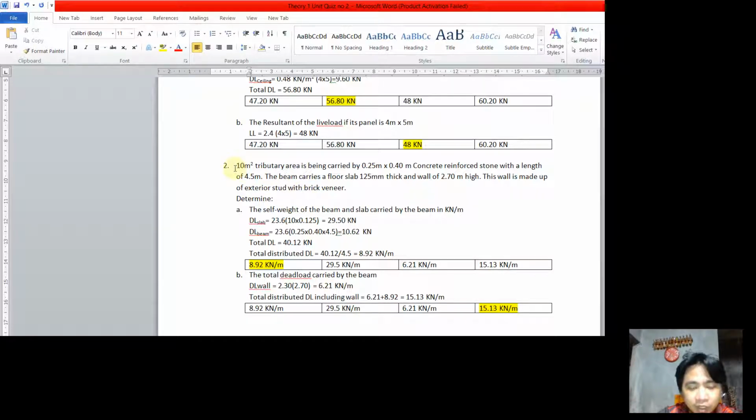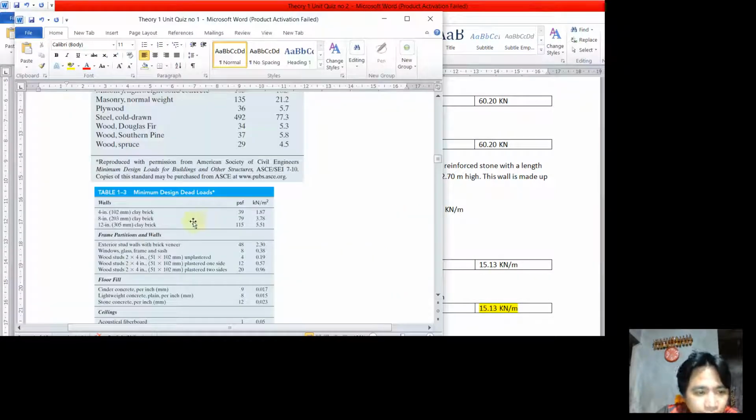So letter A is only concerned with the self-weight of the beam and the slab. For letter B, we'll just have to add the dead load of the wall. For a wall made up of exterior stud with brick veneer, again we will refer to the table of the dead load. We can see here exterior stud walls with brick veneer equivalent to 2.3 kilonewton per square meter.